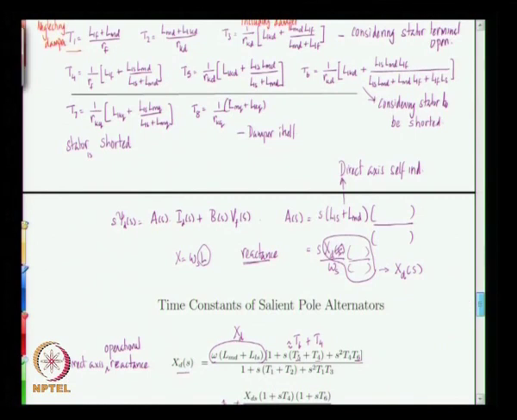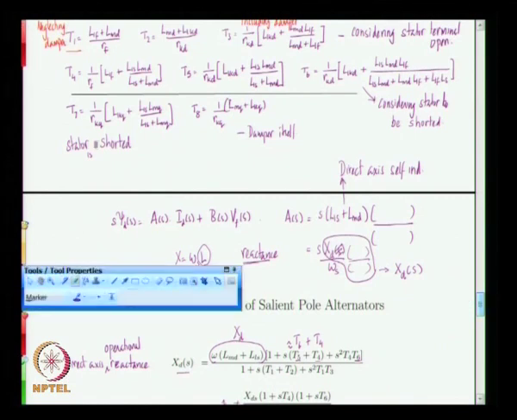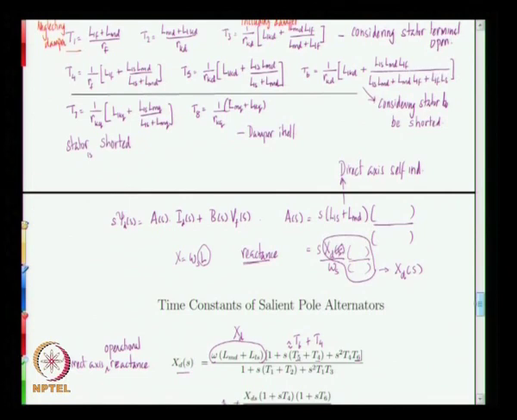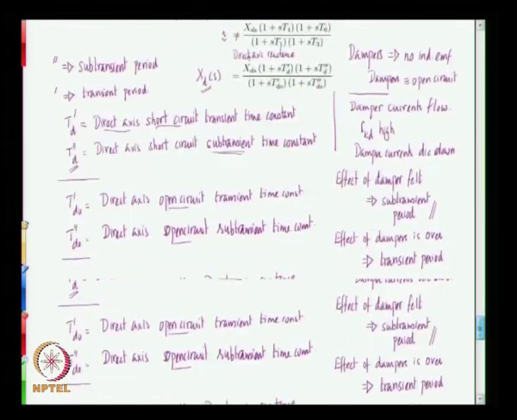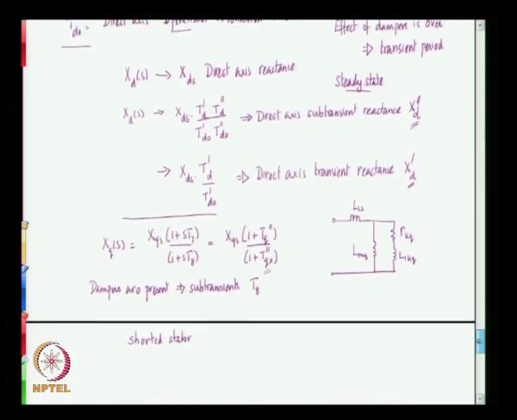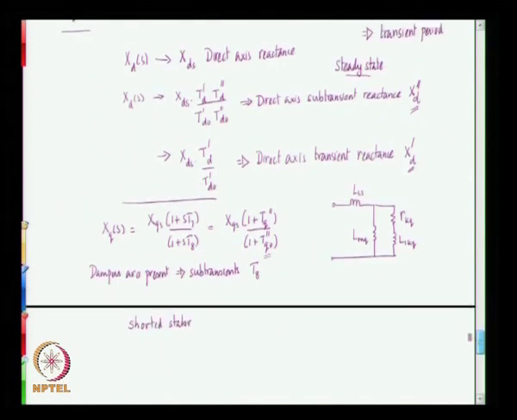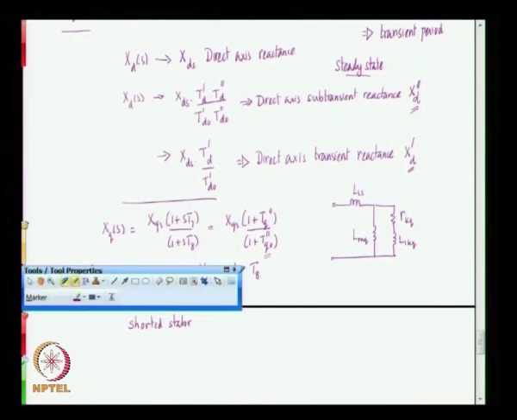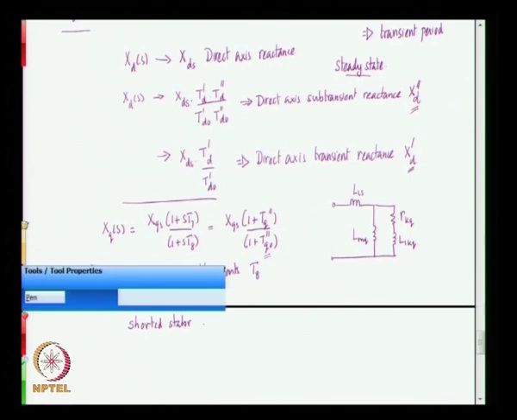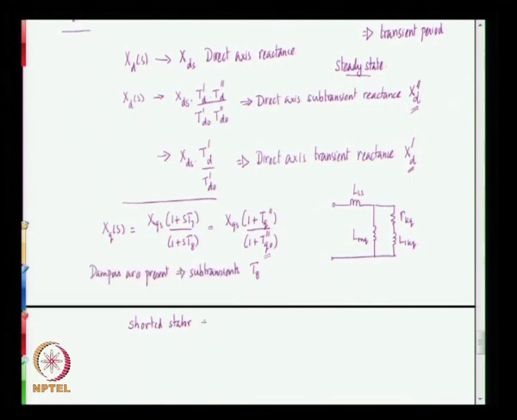So that is the term that comes here as we have seen, and this also assumes the existence of RKQ and LLKQ, and therefore both these terms refer to the subtransient period.